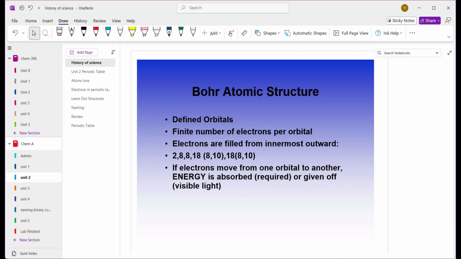Fluorescent lights work on this principle. We have a transformer inside the fixture. It's called a ballast. That ballast supplies high energy to the gas inside the tube. That energy then takes electrons and moves them up to a higher unstable orbital.